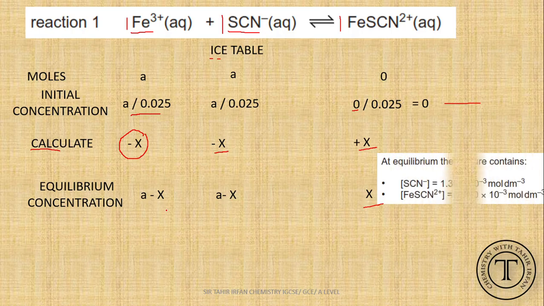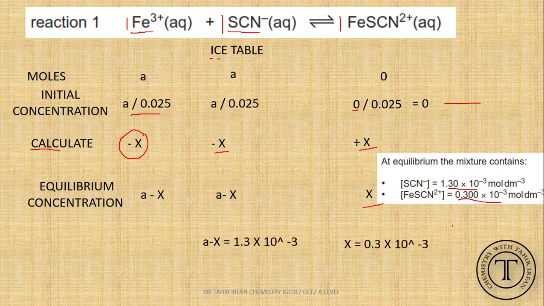Now the examiner has given us these 2 concentrations. For SCN minus, the concentration is equal to 1.3 into 10 raised to power minus 3. It means A minus X must be equal to this value. Then for FeSCN2, this is 0.3 into 10 raised to power minus 3. So this X must be equal to this value.